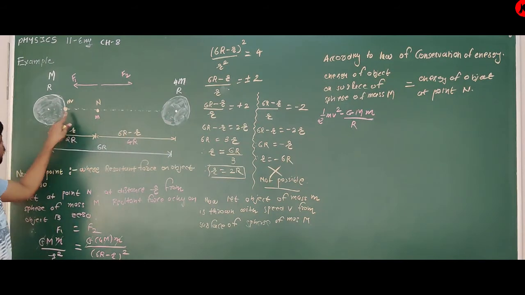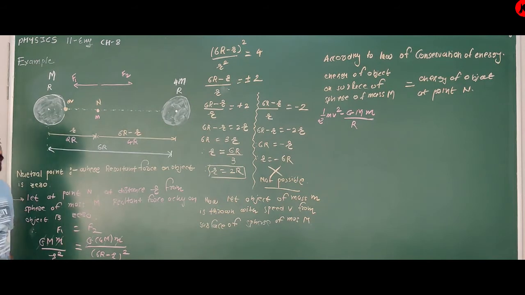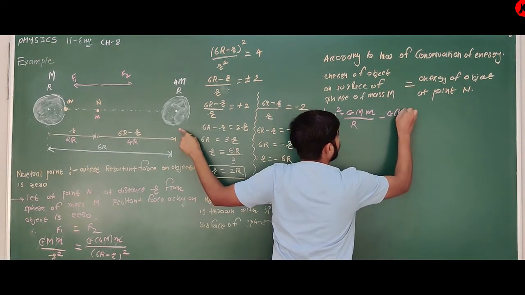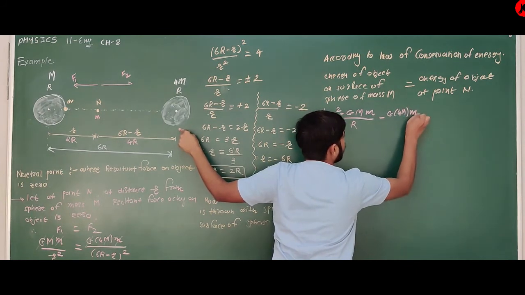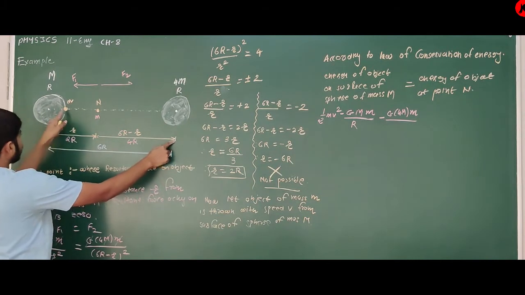What is the potential energy of this object due to this sphere? It is again minus G, with M replaced by 4M, divided by the distance from this center to this point.